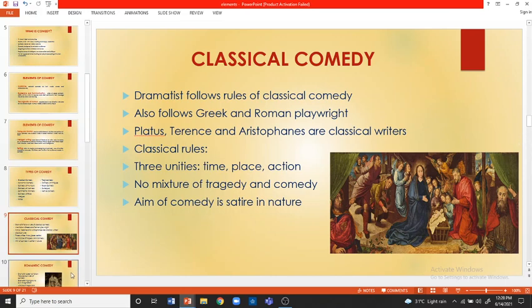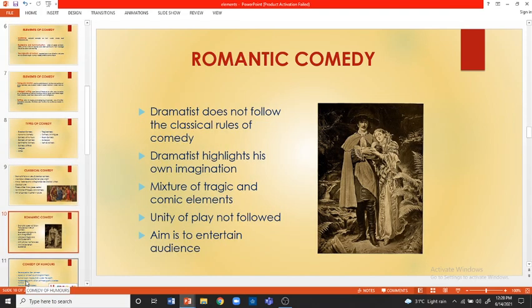Okay, I think all of you learned it. Now we turn towards the next type, that is romantic comedy. We also discussed romantic comedy when we studied the classification of plays in the medieval period. What is romantic comedy? It is a type of comedy where the dramatist does not follow the classical rules of comedy. All the rules we studied in classical comedy are not followed in romantic comedy.